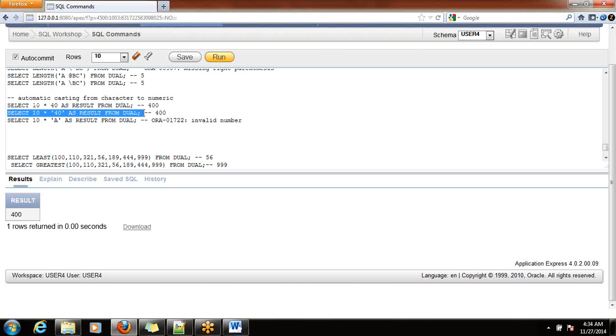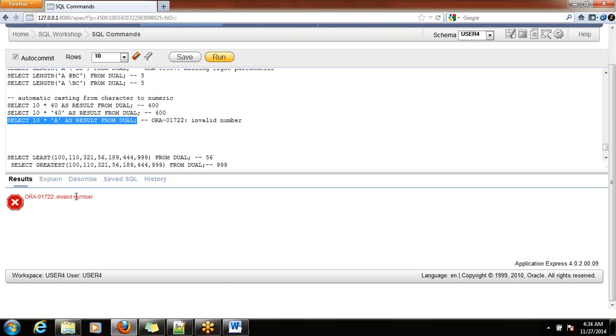I am executing. Still we get the result 400, because the Oracle engine is automatically converting the character 40 into numeric. And observe there, A is being represented in single quotes. Because A cannot be converted to a number, invalid number.